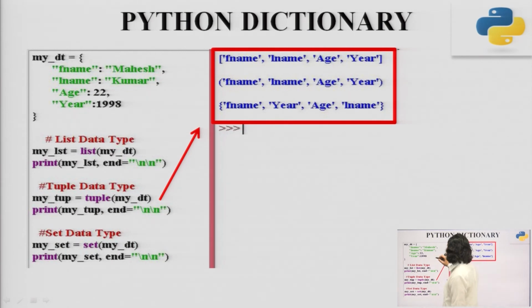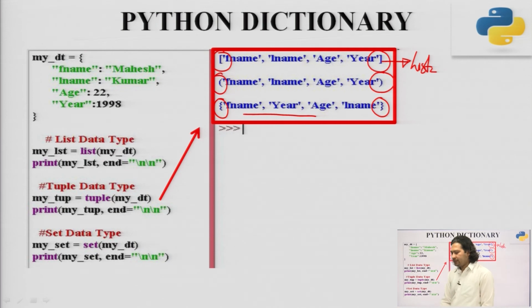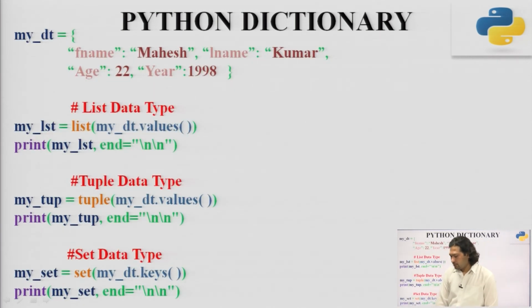The my dt dictionary data type is converted into, you can see this square brackets is a representation of the list data type. Similarly, this round bracket is the identity of tuple data type, and the last one here you can see the curly braces, but it is not separated by the colon, so it is taken as set data type.